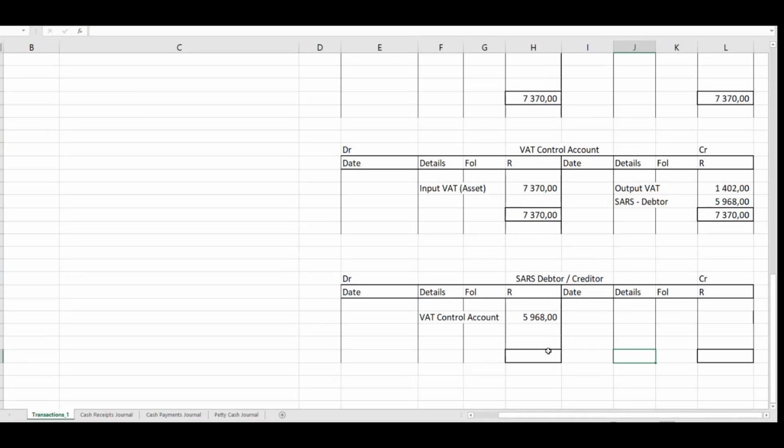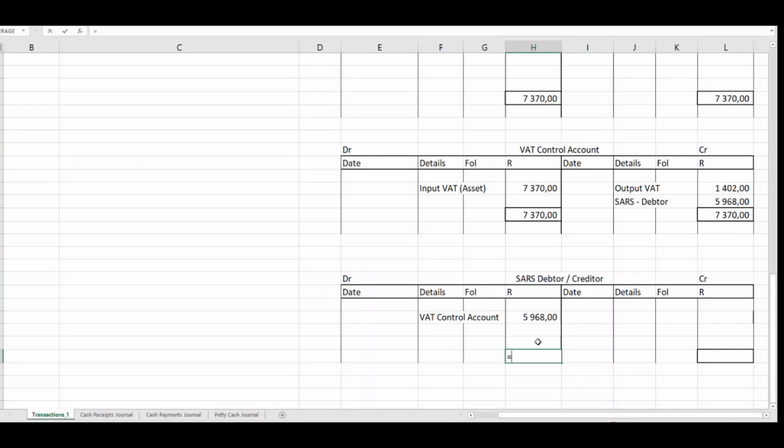We can balance this one as well, but there could be other transactions that come in here. If we have income tax as an example, foreign, what do they call them? Forex tax, sin tax, and many other taxes that the company might be having. They will all come and fall inside here. When we are done with all of them, we'll then balance it.